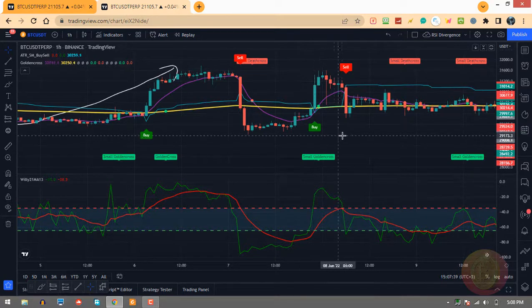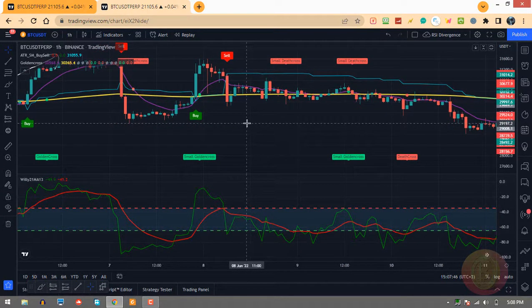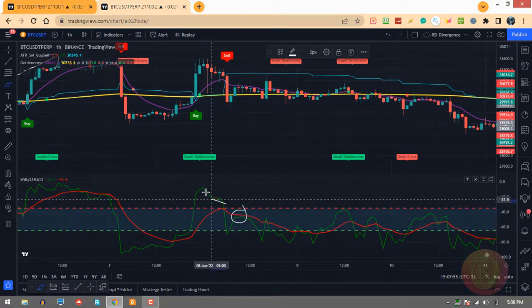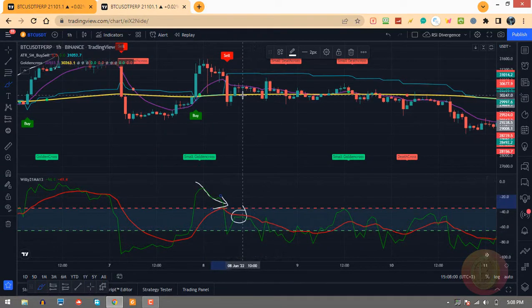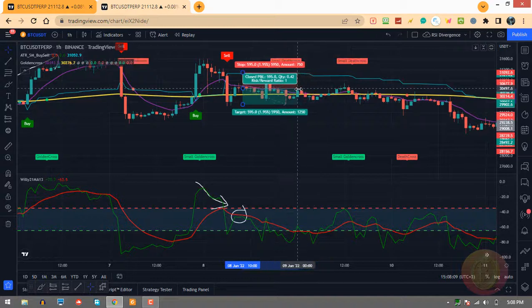Now the conditions are: whenever red is cutting downward, and green is also down, and as you can see, this green is below the red, it is a short position, and because both are in the shaded area, then you can open the trade. And you can see this is a good winning trade.